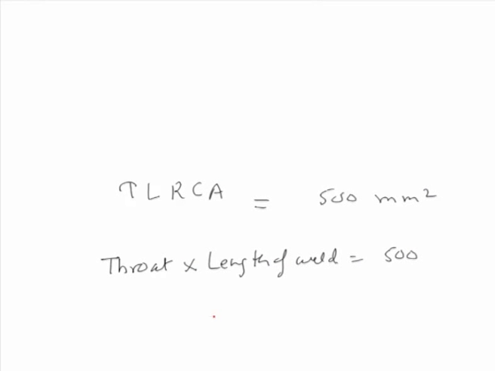So, if a given weld throat thickness is fixed at 5 mm, then the length of the weld that will be deposited can be obtained from this. So, the length of the weld will be 100 mm.